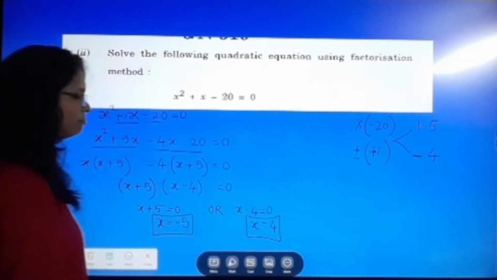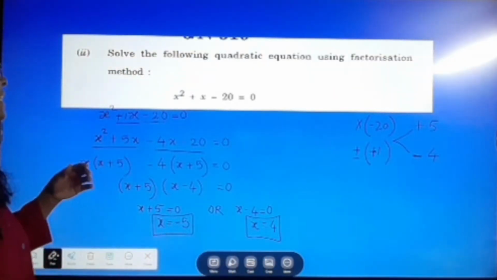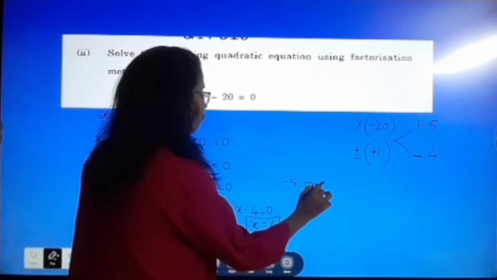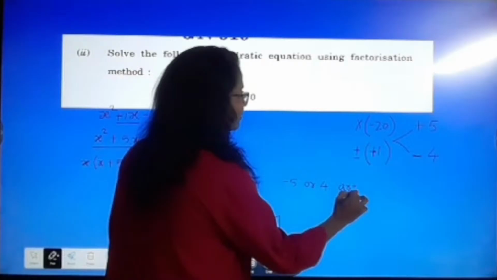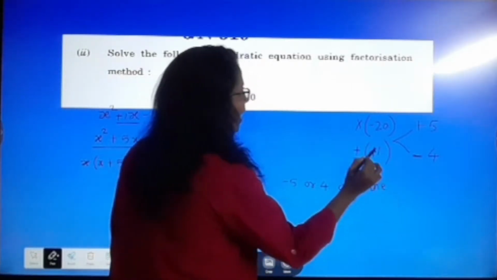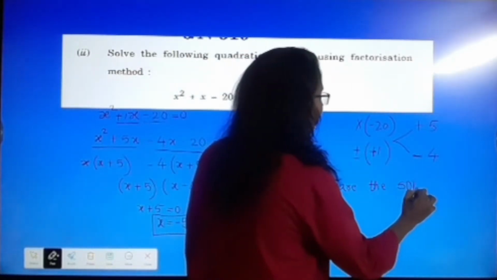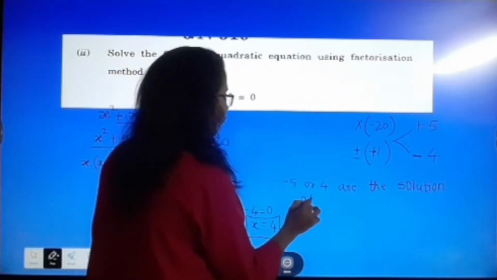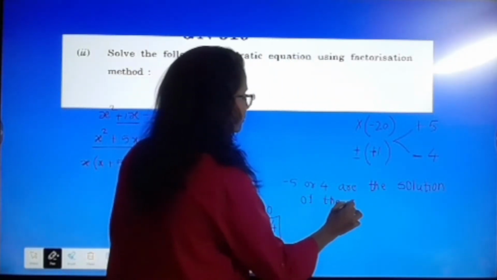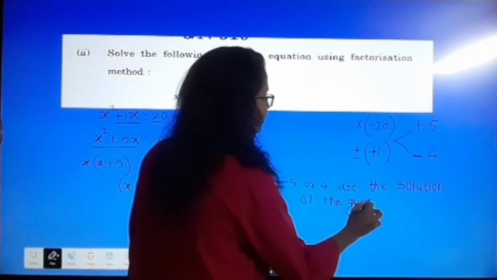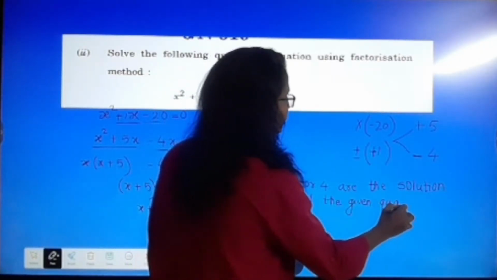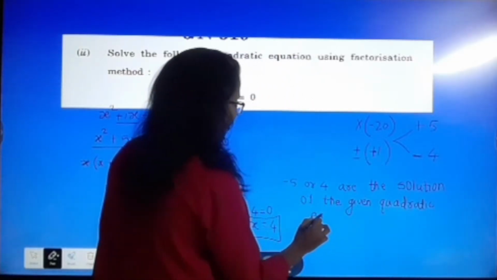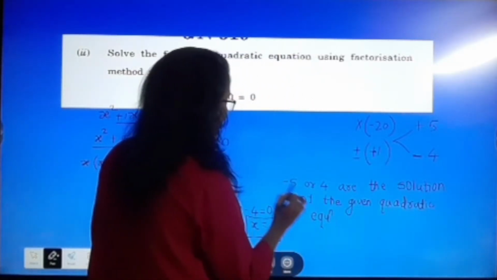Yes, students, so here we can say that minus 5 or 4 are the solutions of the given quadratic equation. Okay, students, this way.